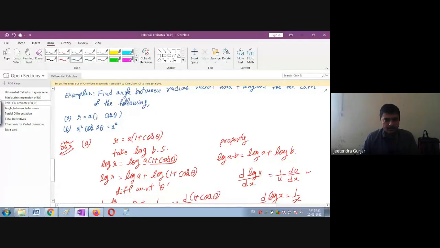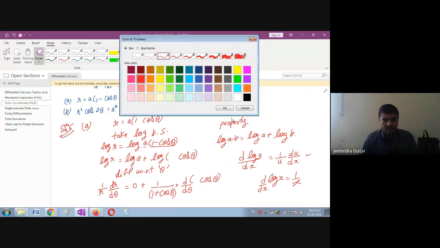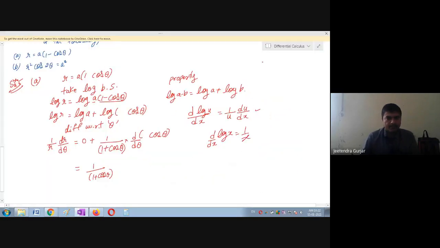We'll take this as 1 minus instead of plus. In a hurry, I have written this as minus. Don't worry, I am just taking this as minus here.